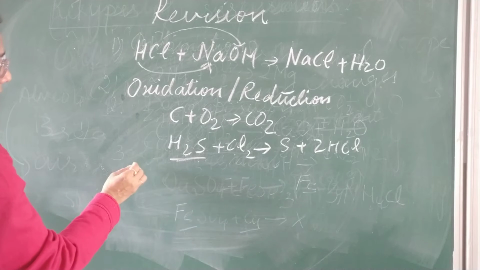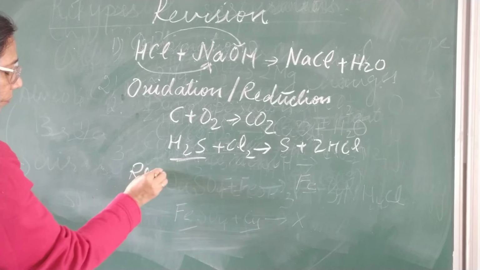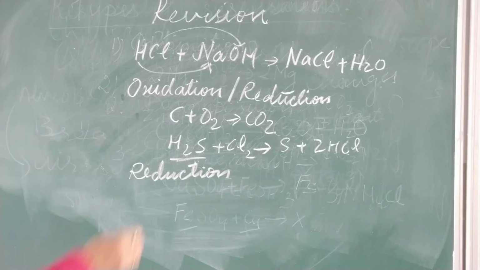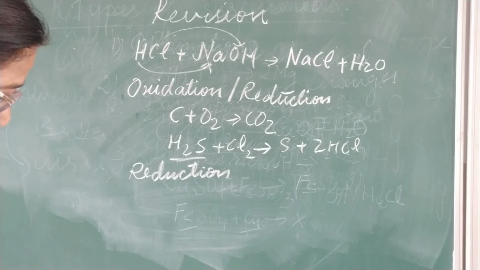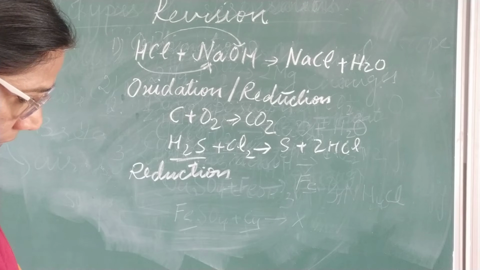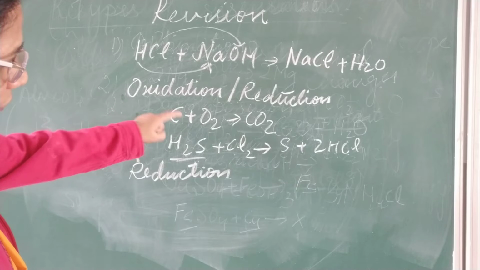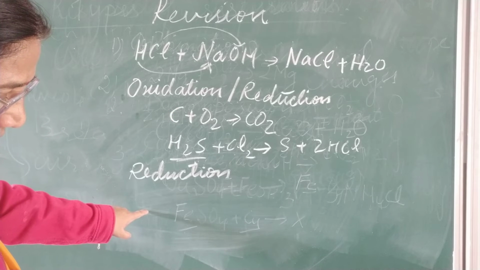Second is reduction reaction. In reduction reaction, what happens, children? Reduction is a chemical reaction that involves addition of hydrogen, or opposite of this, addition of hydrogen and removal of oxygen.